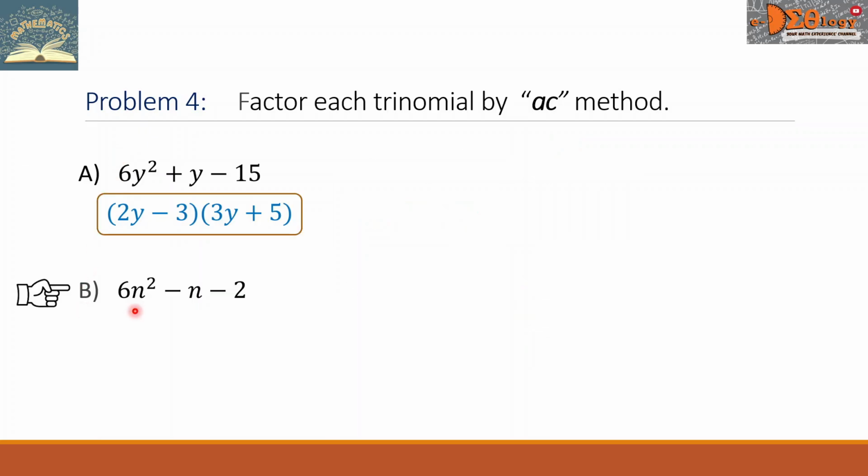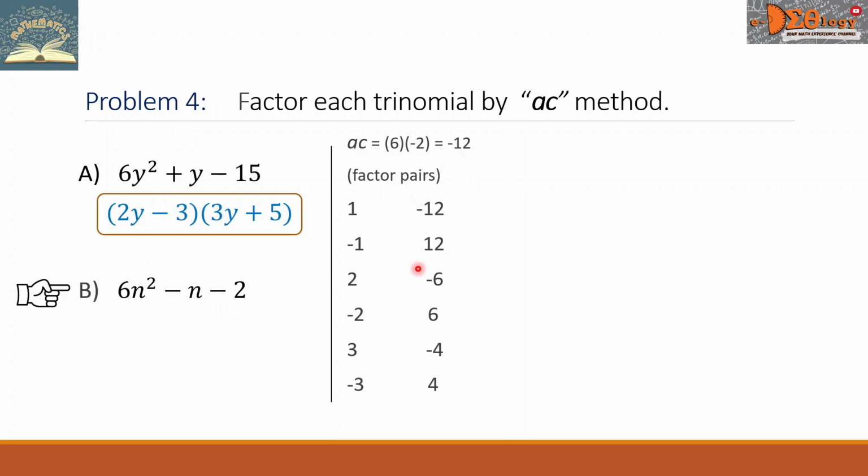Let's go to B, 6n squared minus n minus 2. By AC, we multiply 6 by -2, and the answer is -12. Then we write the factor pairs respectively. We have 1 and -12, -1 by 12, 2 and -6, -2 by 6, 3 and -4, -3 and 4.